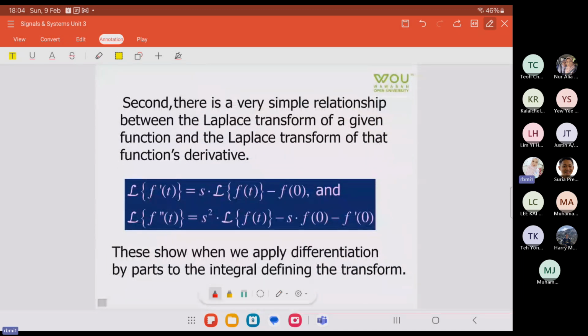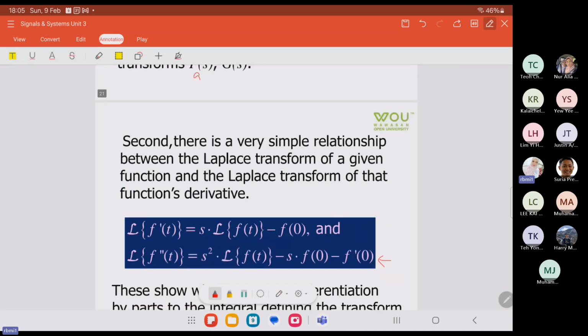There is a very simple relationship between the Laplace transform of a given function and the Laplace transform of the function's derivative. This we can also relate with the initial value problems. The property can be repeatedly applied, and the Laplace transform of higher derivatives we can obtain. These are the initial conditions.